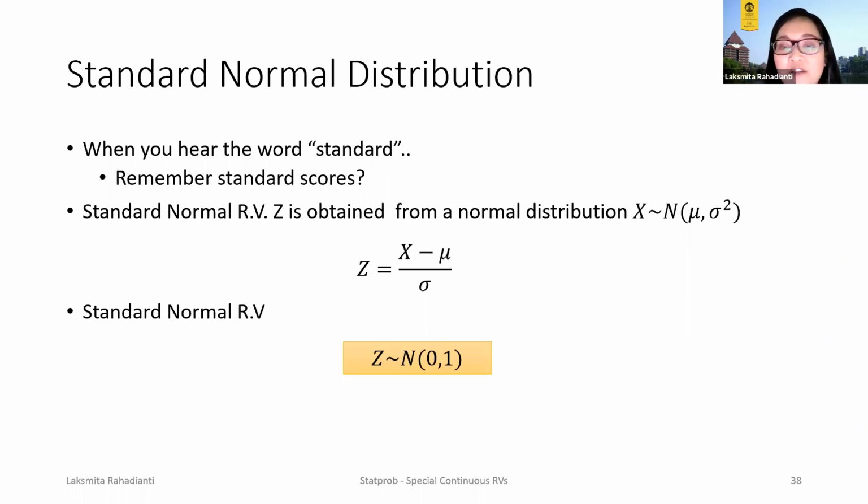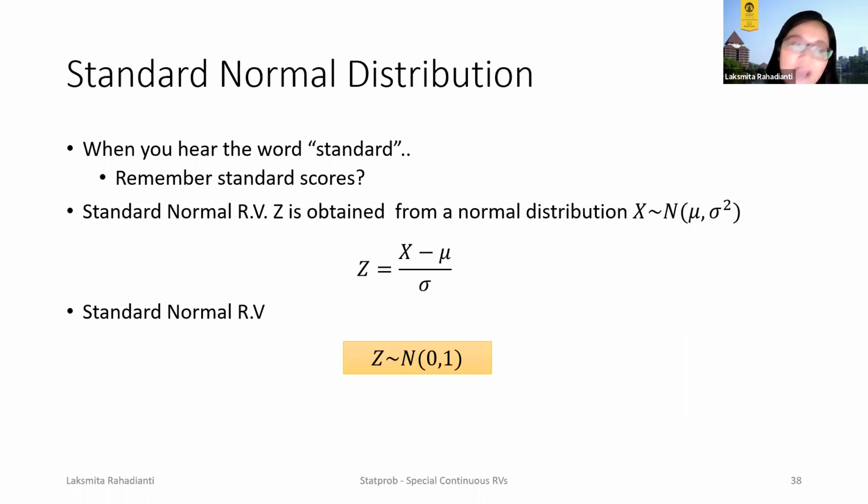If we have any normal distribution, with any value of mean and any value of standard deviation, I can convert it into a z-score as follows. Thus I can now say that instead of following various means and standard deviations, it follows a normal distribution with mean 0 and standard deviation of 1.